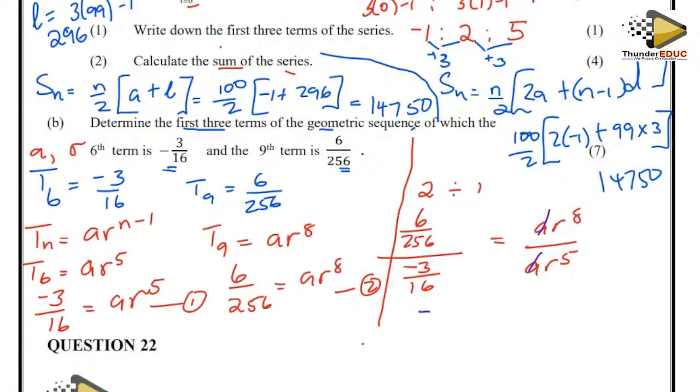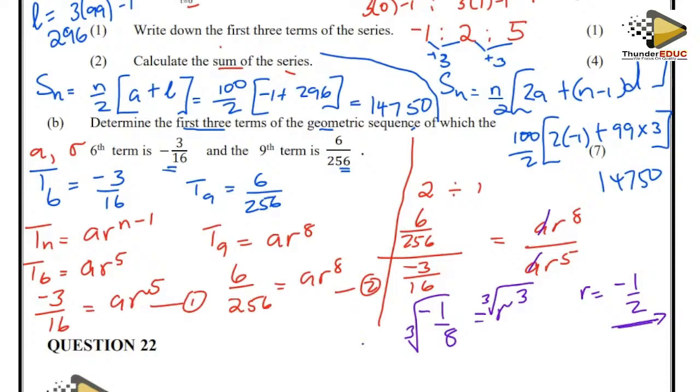So that would be a negative 1 over 8 is equal to, when I work this out, I'll have R cubed. Because the bases are the same, subtract the exponents. Then I'll be required to find the cube root on either sides. Okay, so which means my R is going to be negative a half. Our R is negative a half.